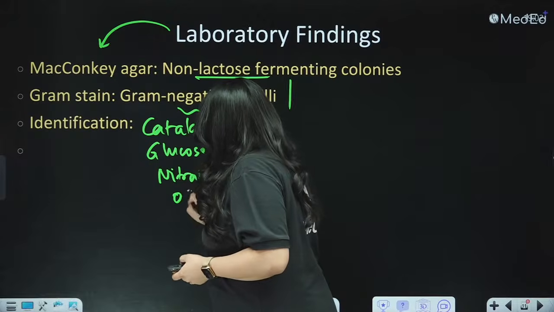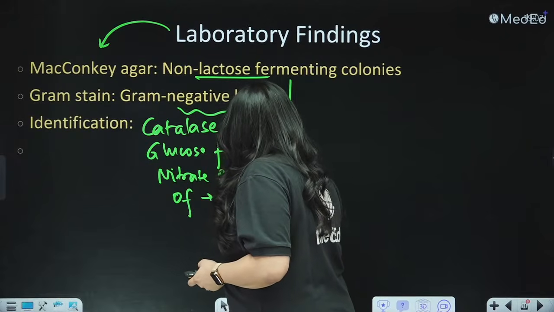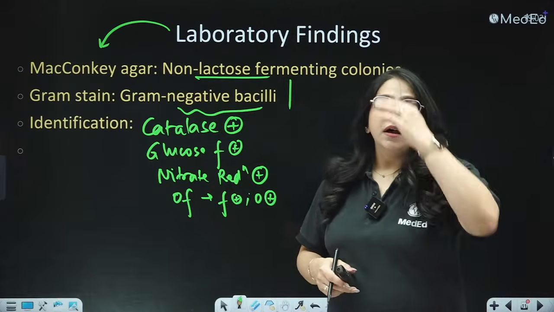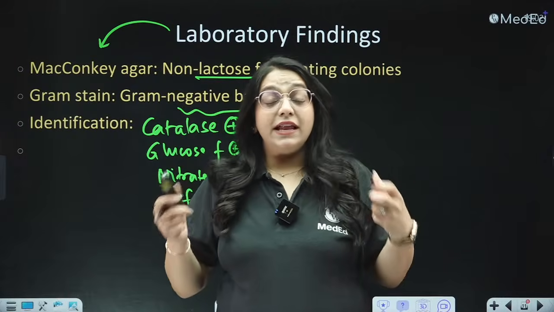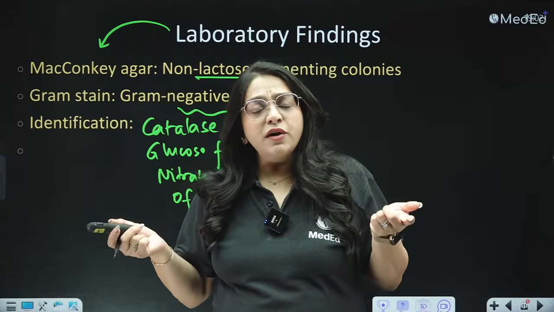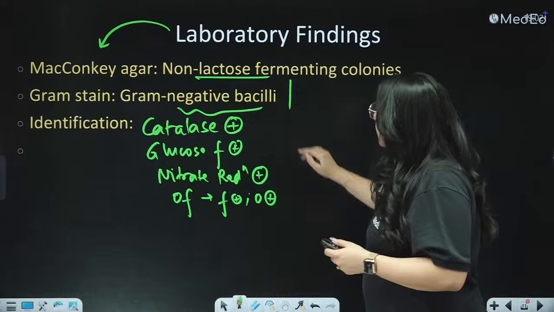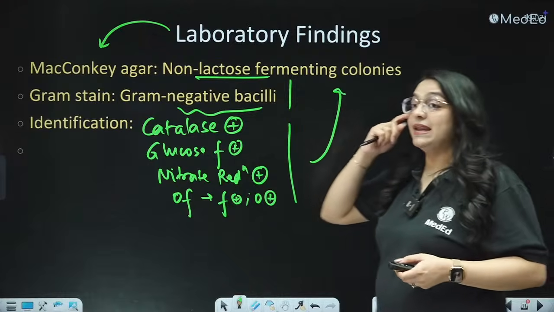So on the OF test, we have found that it is both oxidative and fermentative, both results are coming. So we know that it is a facultative anaerobe also. So all the features of your Enterobacterales family have been passed. So you know it is some Enterobacterales which is an NLF Enterobacterales.